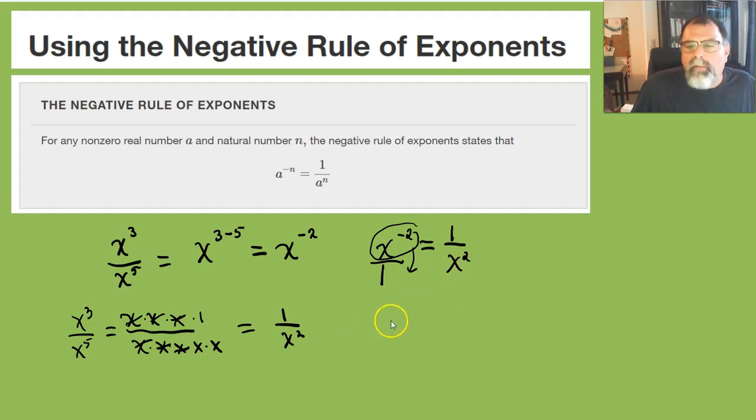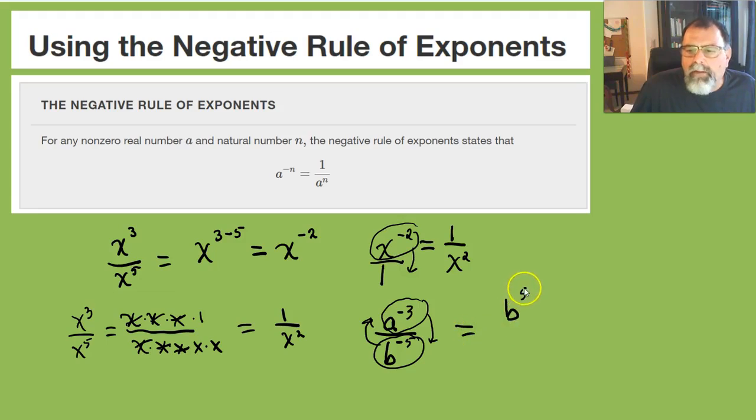And actually, I tell my students all the time that if we had a fraction like this, these have different bases, but this negative exponent is going to push that one to the bottom, and this negative exponent is going to push that one to the top. So we're going to get b to the 5th over a to the 3rd.